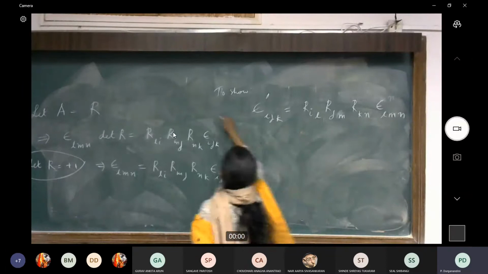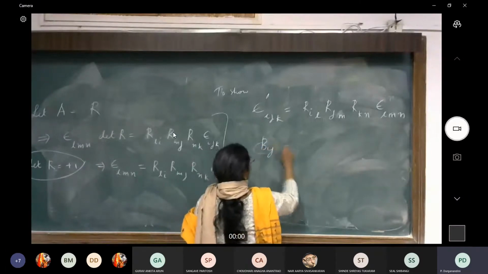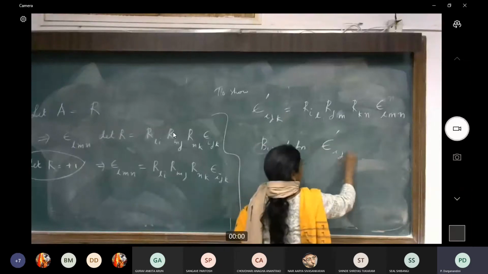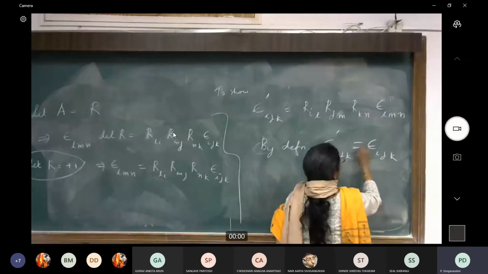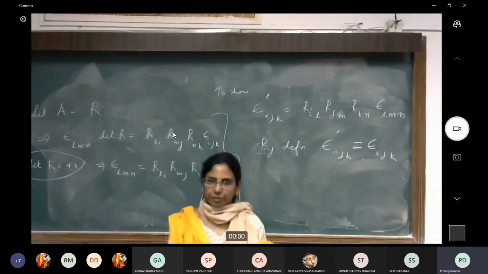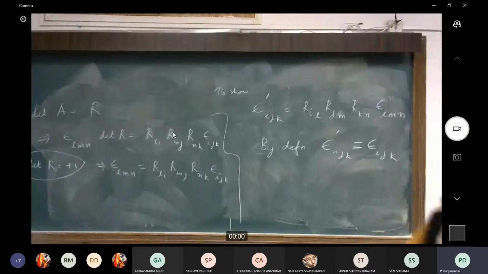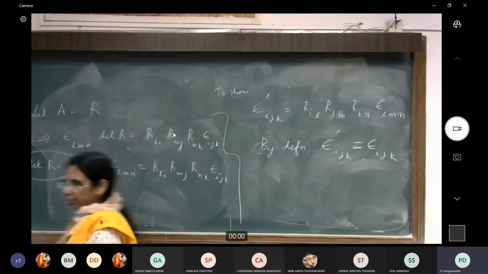By definition, you know that epsilon prime ijk is the same as epsilon ijk. See, that is the way we defined epsilon. It was independent of the basis. Because epsilon ijk was defined as equal to plus 1 if ijk is an even permutation of 1, 2, 3, and it is equal to minus 1 if it's an odd permutation of 1, 2, 3, and it is 0 otherwise.